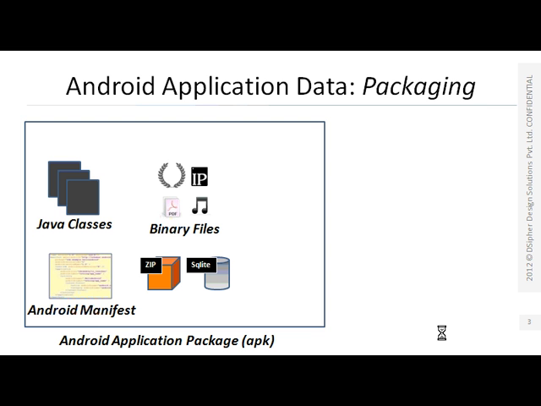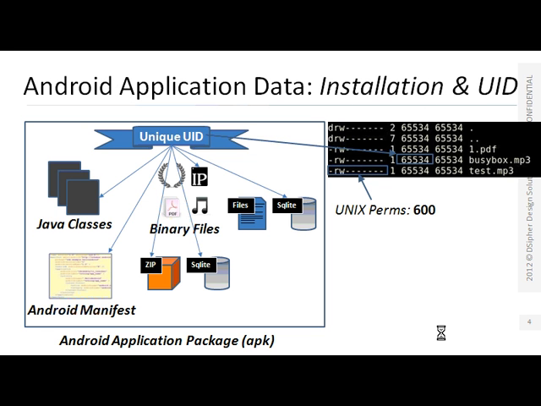Just like that, when we install any application into the Android system, whose base is the Linux kernel, Linux will assign a unique ID to that particular Android application, and each and every file inside that application will use that unique ID only.